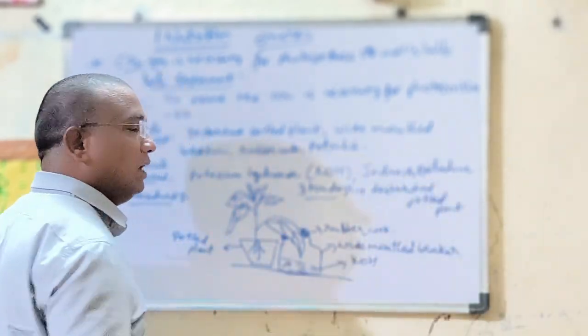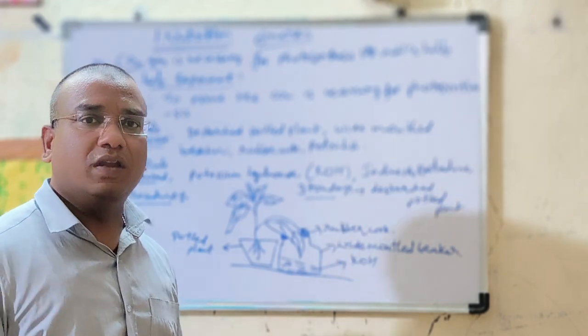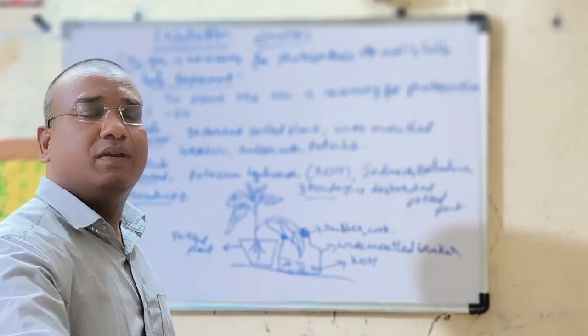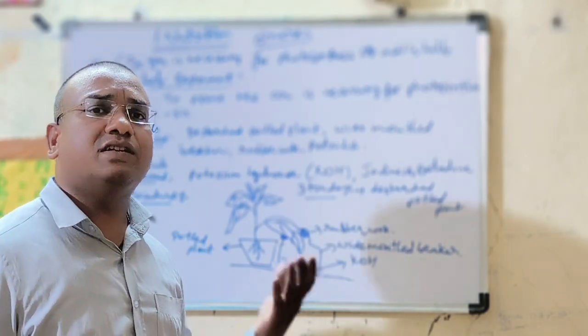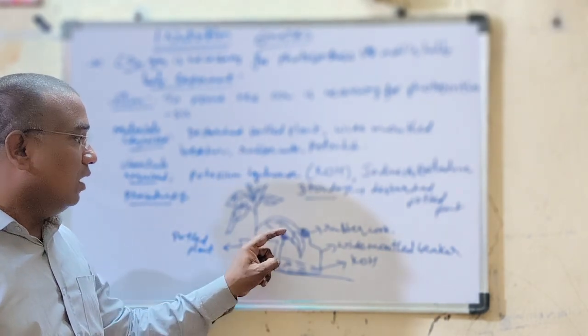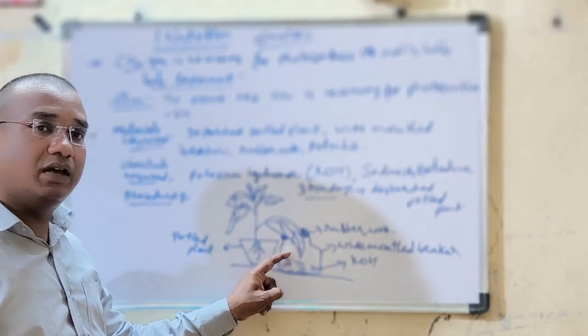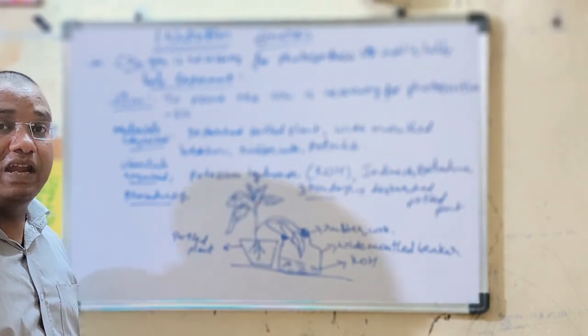We take a potted plant with long leaves, commonly grown in sunlight, and keep it in a dark room for 3 to 4 days. That is called a destarched potted plant. From the destarched potted plant, we keep half of one leaf inside the beaker, and half of the leaf exposed to sunlight and air.